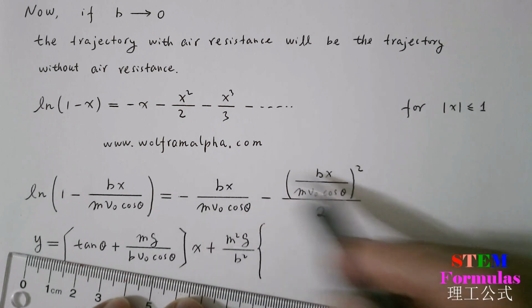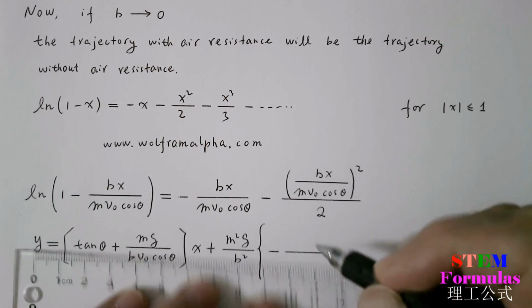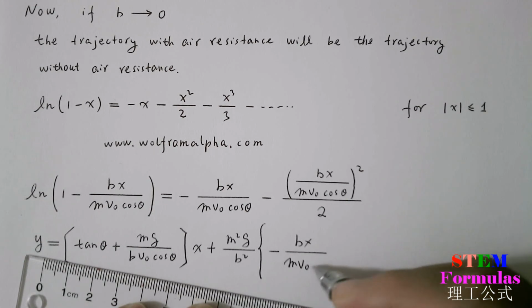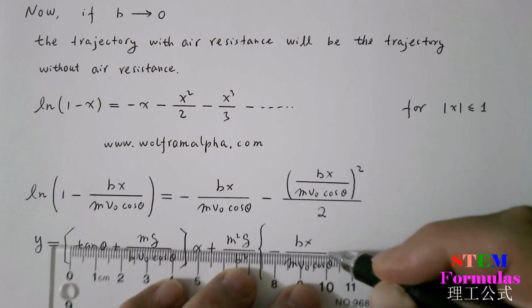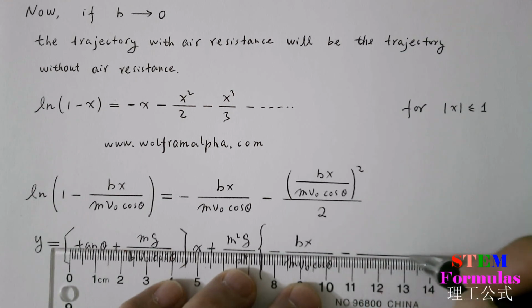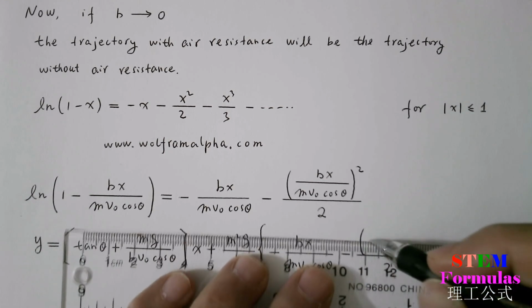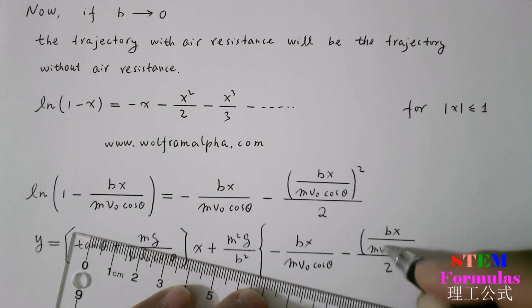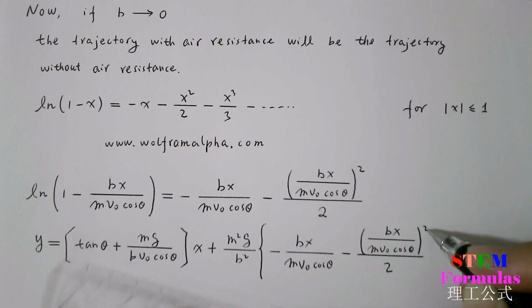So this term we use here: minus b x divided by m v0 cosine theta minus 1 over 2 times b x divided by m v0 cosine theta, bracket square.